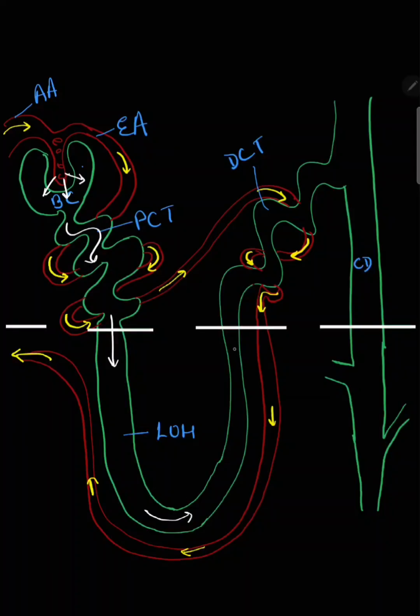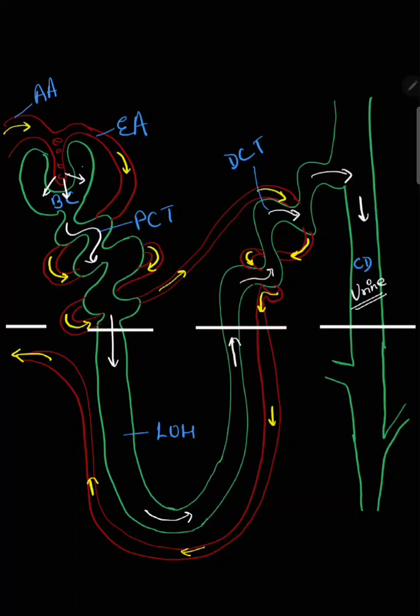From the loop of Henle it will go on to the collecting duct through the DCT, and when it has entered the collecting duct we can call this filtrate urine. So only in the collecting duct is the filtrate called urine. Until then we cannot name it urine, we will name it filtrate only.